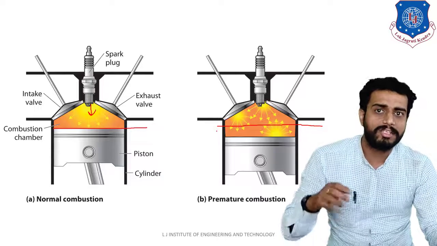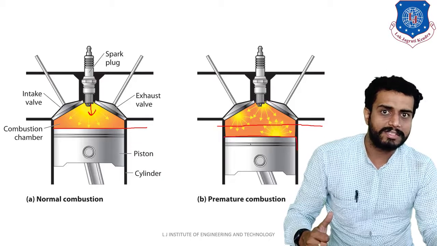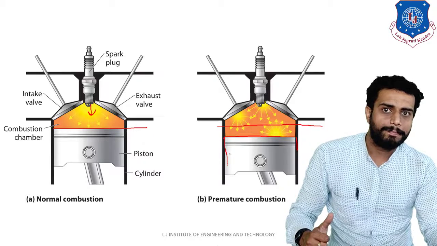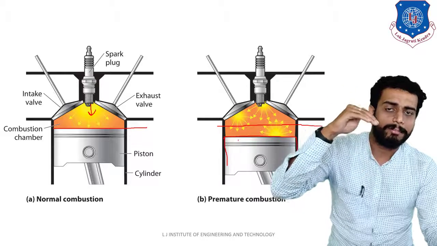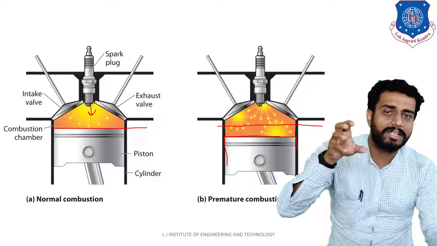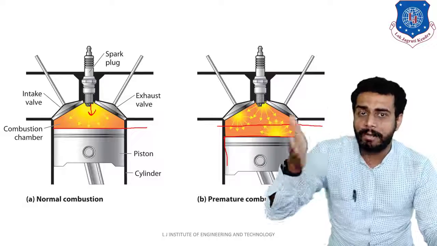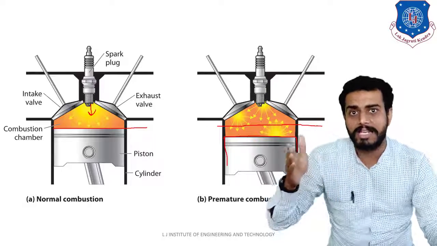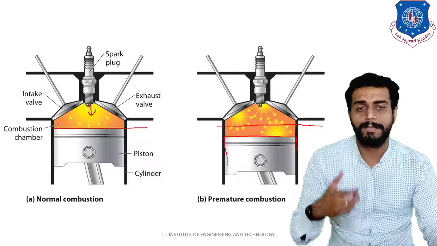Before the piston reaches the top dead center, the pressure and temperature inside the cavity reach a point which is equivalent to the self-ignition temperature of the petrol or fuel.